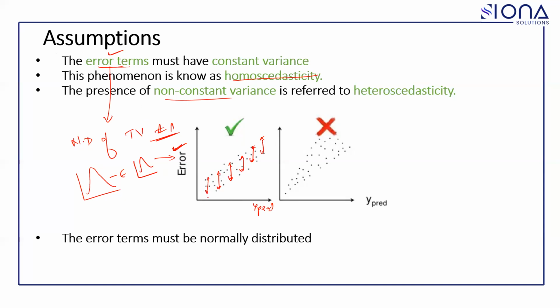So the variance in error, when I plot error with respect to my predicted term, should be constant. This is called homoscedasticity, or constant variance.